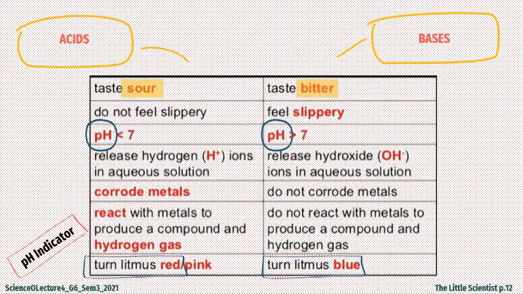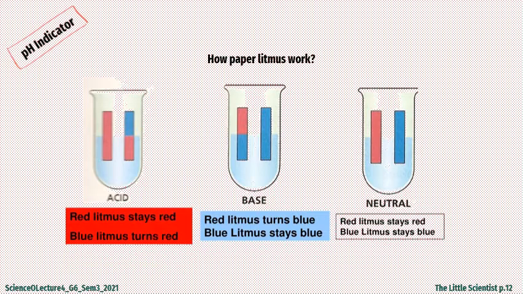To identify if a solution is acidic or basic, we use a color indicator. The litmus paper is a commonly used indicator that helps us identify if a solution is acidic or basic. Let's take a look.